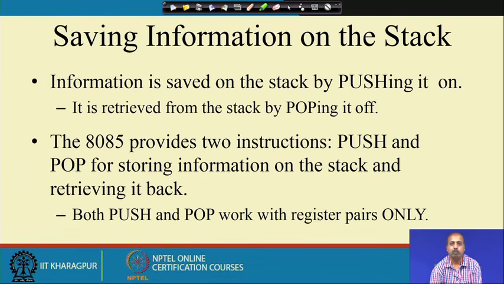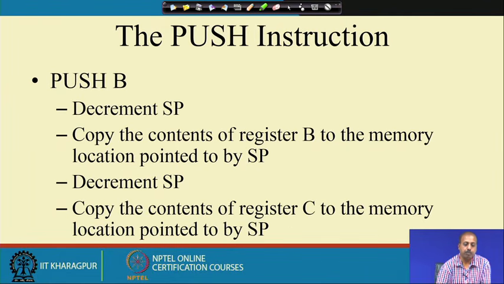They work with register pairs only. So, you cannot push or pop a single 8-bit register. We have to work with register pairs. For example, push B. When you do push B, it actually means we are trying to save the register pair BC onto the stack.